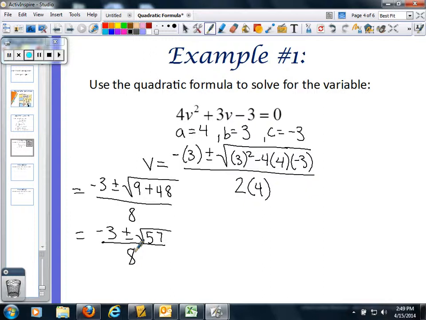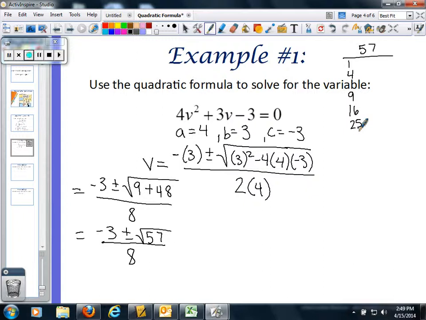And the last thing to check then is 57. You want to see if you can simplify that. Well, in order to simplify a radical, you want to look only at perfect squares. So the perfect squares are 1, 4, 3 squared is 9, 4 squared is 16, 5 squared is 25.